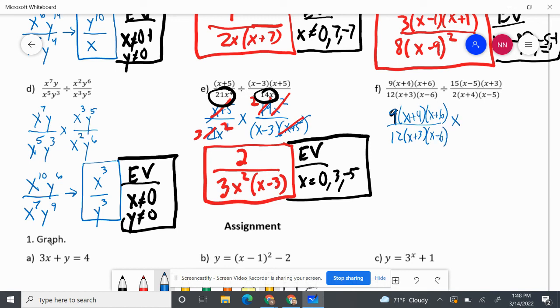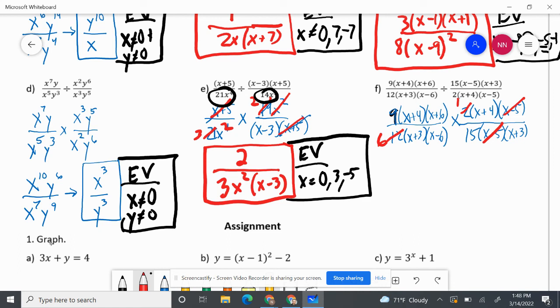We're going to change the division to multiplication. And then what we're going to do is cancel. So we have the x minus 5s. We have the 2 and the 12 become 1 and 6.